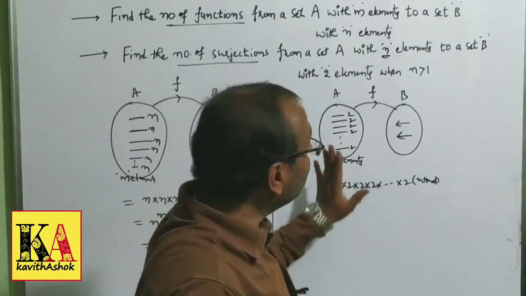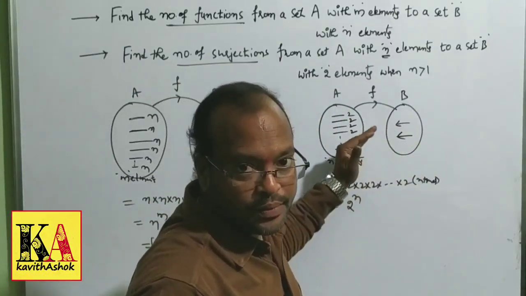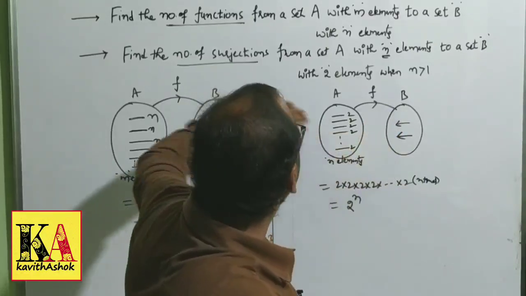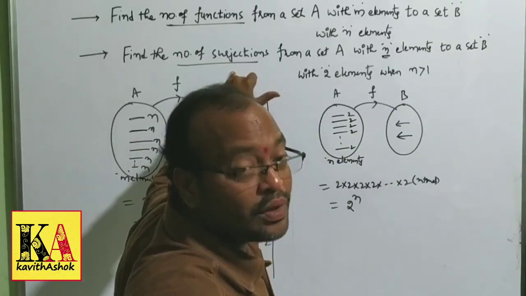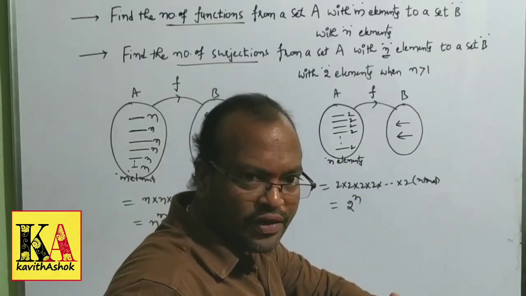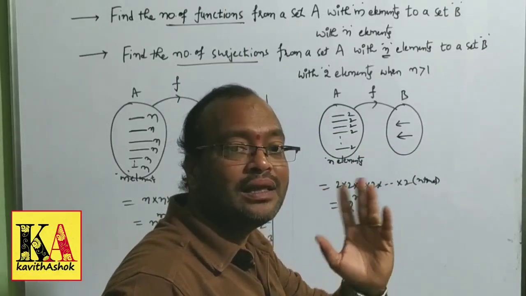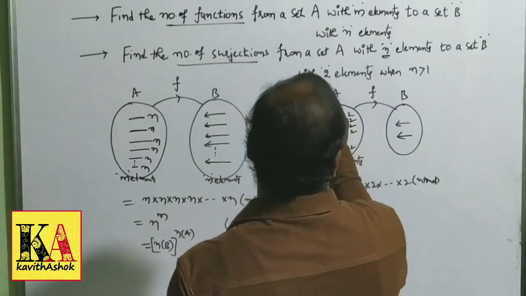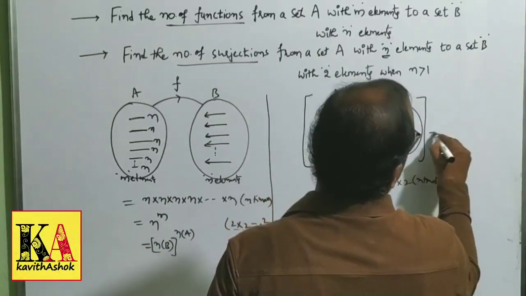Actually, the number of functions defined from A to B is 2 to the power of n. All the functions are not the surjections. Only 2 functions do not come under the surjection. What are those? We have to separate them like this here.